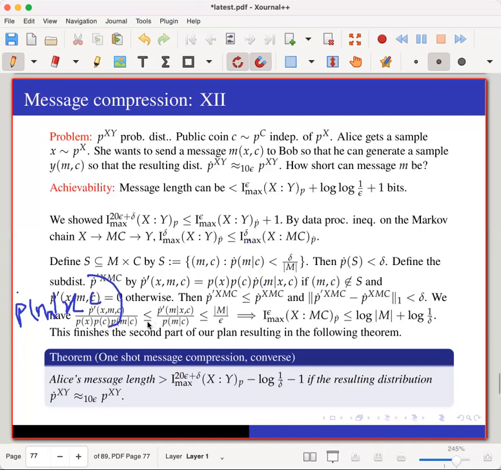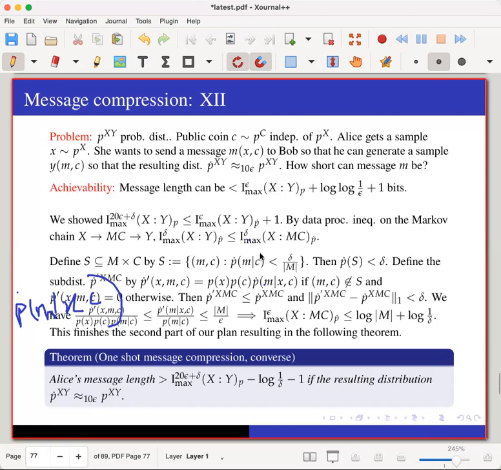But then we have an issue. No, there's no issue here. Of course, we are only looking at the non-zero ones. So I get the same PX and PC, which cancel, and then I have P dot prime of M given XC. The definition of the set S should be in terms of M given XC.